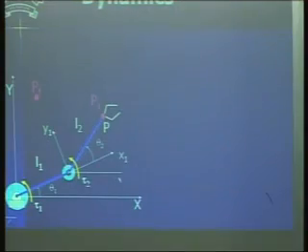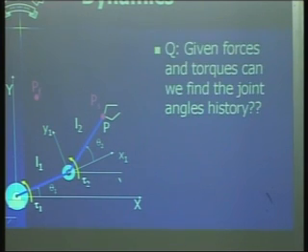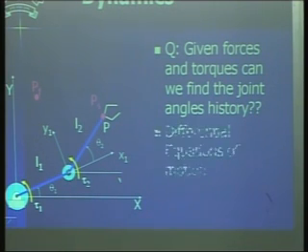First let me recap the dynamics. The basic dynamics question that we again raise is: given the forces and torques on the manipulator joints, how will we find the angular history, or history of joint angles? So you are basically interested in getting the differential equations of motion for the robot manipulator.